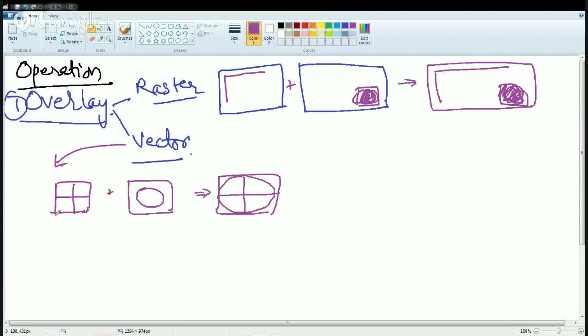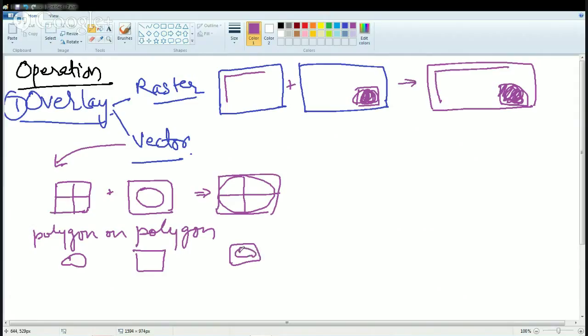Vector overlays can be of three types. There can be polygon on polygon, where you have one polygon and another polygon and you are trying to overlap those polygons. Then you can have line on polygon, as in the diagram shown above. Then you can have point on polygon.